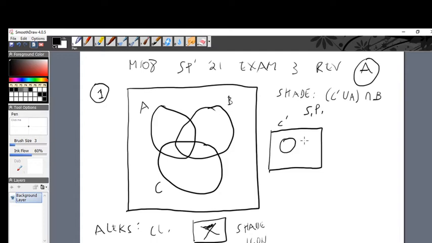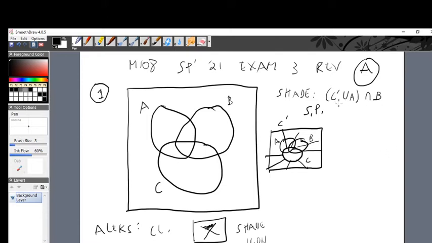So here's our A, here's our B, here's our C. This is going to take a long time for me to write out, though when you actually do it, it will take a lot less. So what's C prime? C prime is everything but C. Don't touch C anywhere. No part of C is part of the answer for C prime.